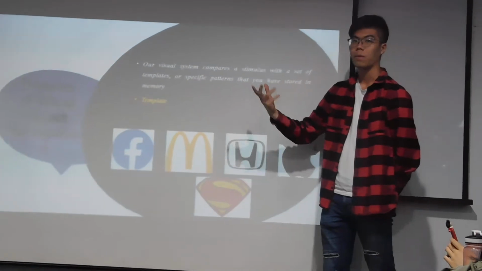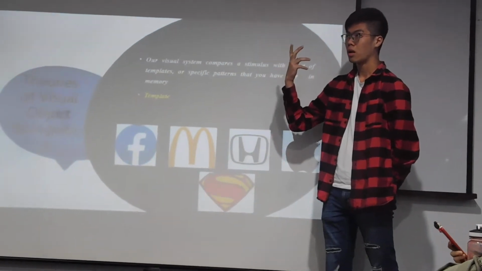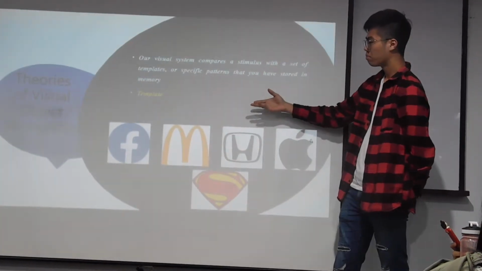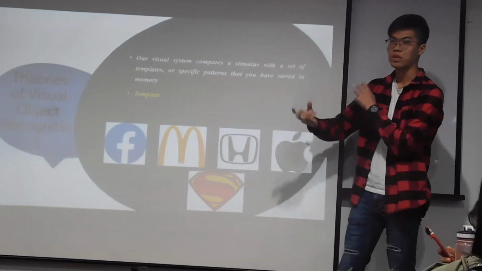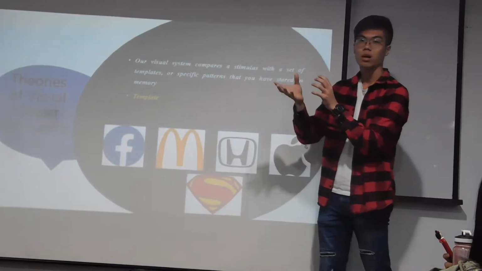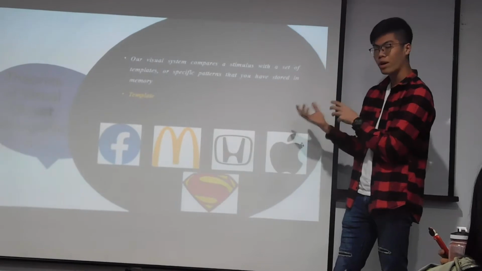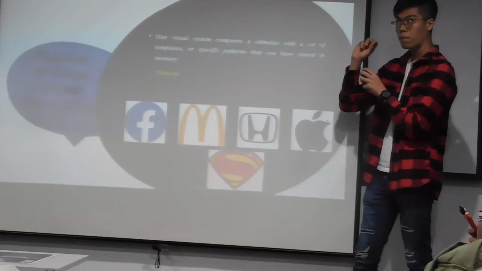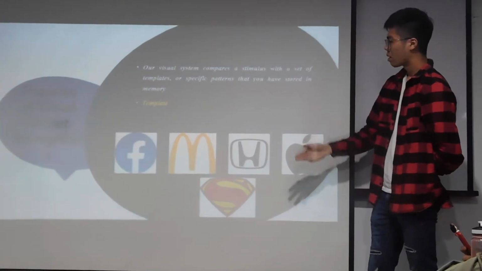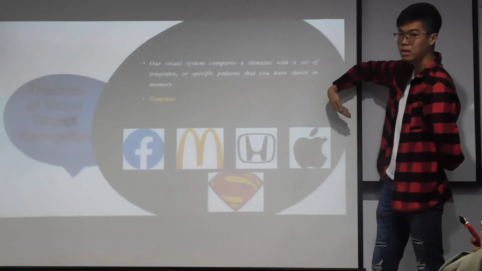So for example, every day we manage to recognize letters by comparing them with the classic version of the letter, especially handwriting. So, for example, here are some familiar logos.